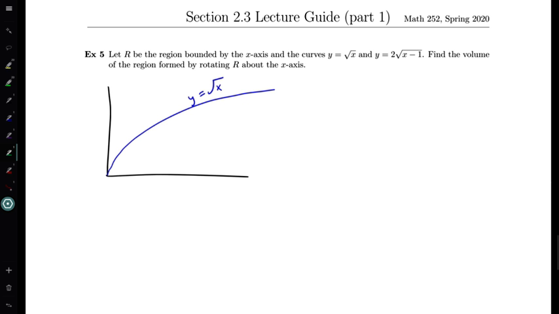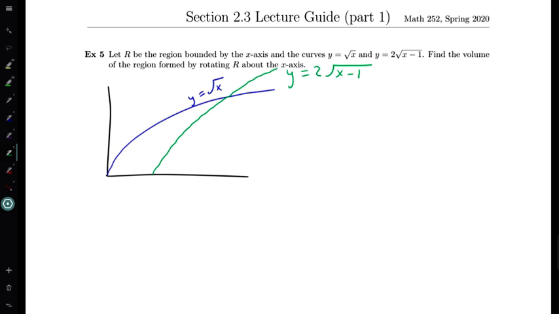The factor of 2 is a vertical stretch by a factor of 2, so 2 times root x minus 1 is going to grow faster than root x, meaning that even though it starts off to the right, at some point it's going to intersect and grow larger than y equals root x. So in green here I've drawn y equals 2 root x minus 1.